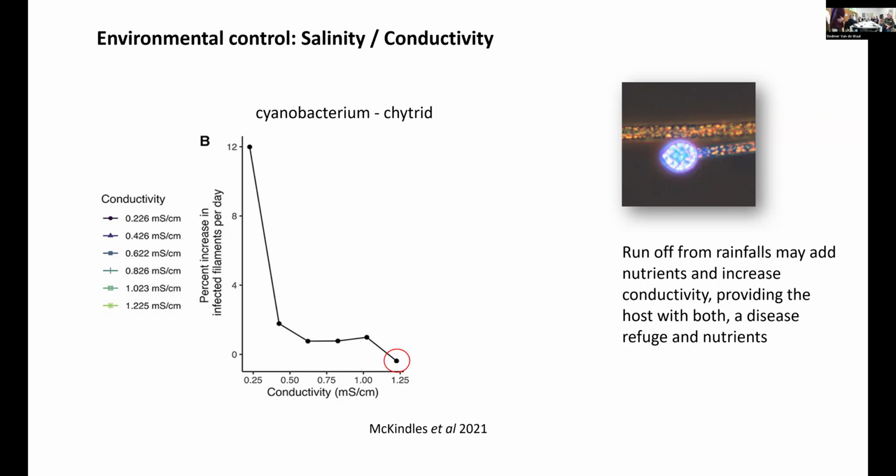Where they see if the conductivity is quite low, you get really nice spread of the disease, a lot of new infected filaments per time. And if you increase the conductivity, that dramatically decreases and goes even to, I think, below 0 in this case. So you're actually losing the disease. That would be R naught under 1.